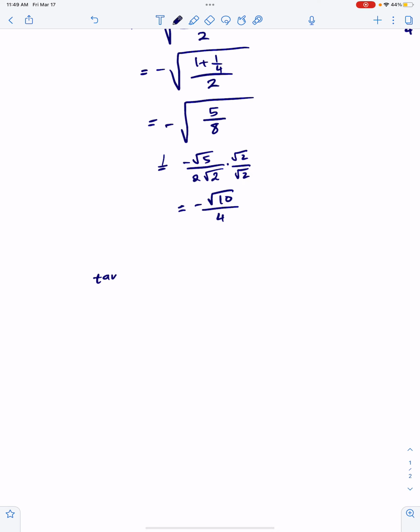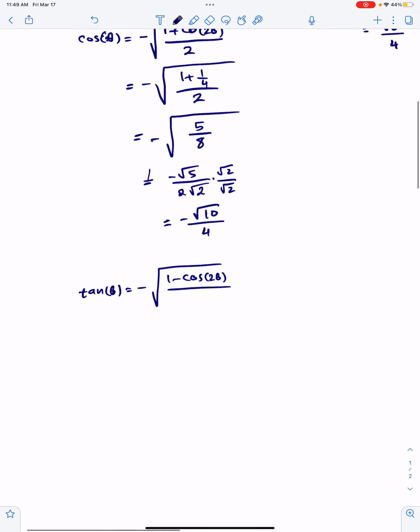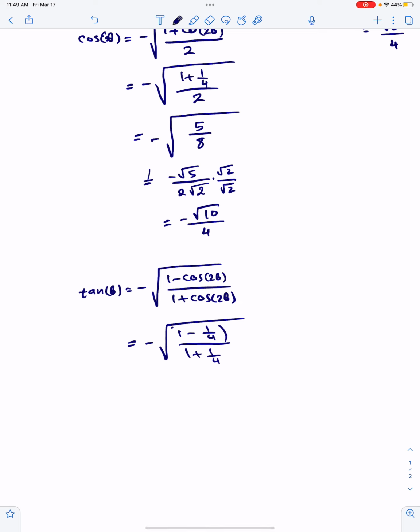Tangent theta is equal to, tangent is negative, square root of 1 minus cosine 2 theta over 1 plus cosine 2 theta, which is equal to negative square root of 1 minus 1/4 over 1 plus 1/4. Again, I can multiply here by 4, here by 4.